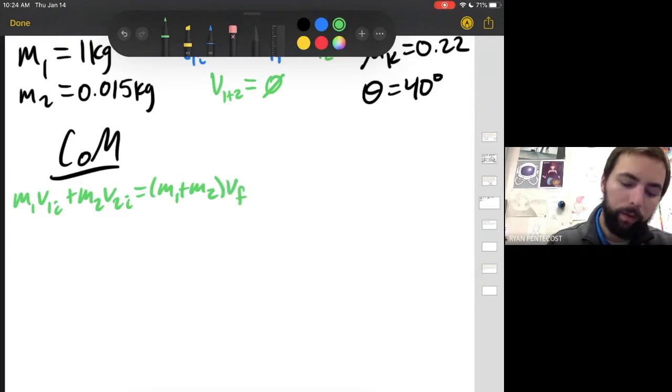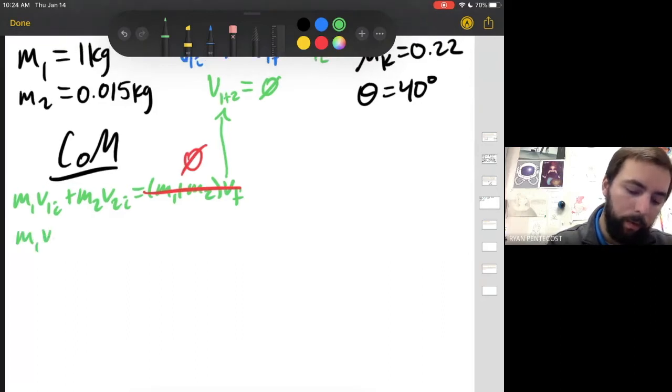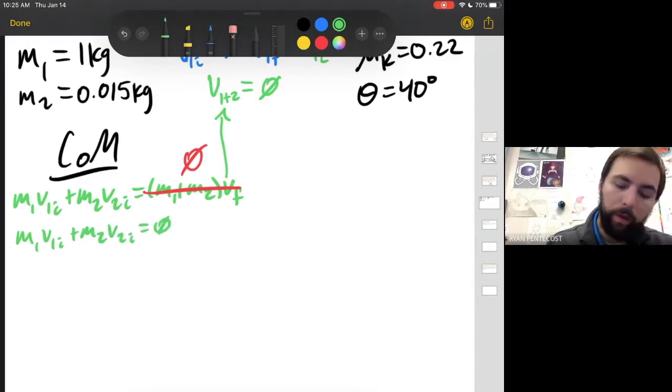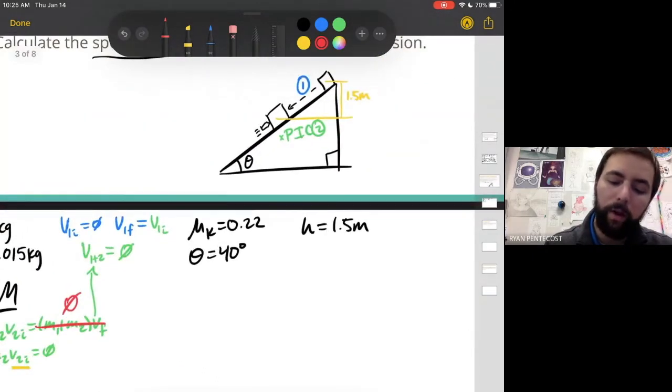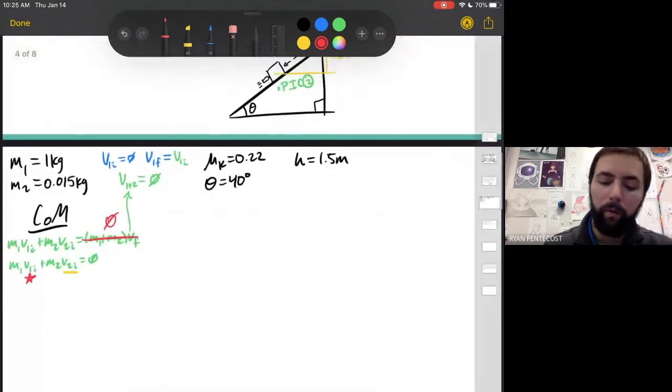That v final is 0, so we can get rid of it. Then we have m1 v1 initial plus m2 v2 initial equals 0. What we want is the speed of the bullet, that's what it asks us for. However, we do not have the speed of the block as it comes to the collision. We have that it starts at rest, but we don't know how fast it's going after it has slid down that vertical height of 1.5.